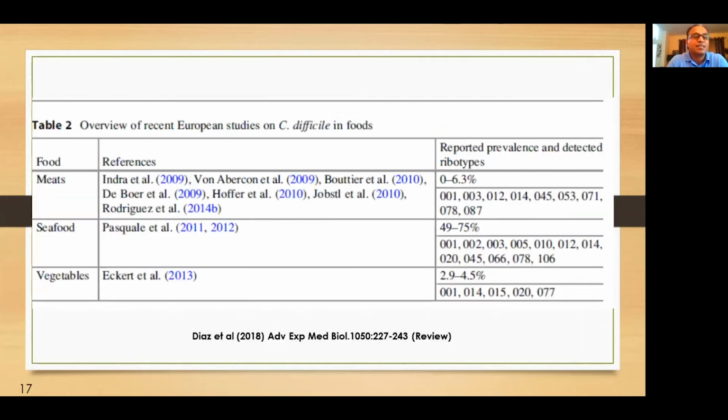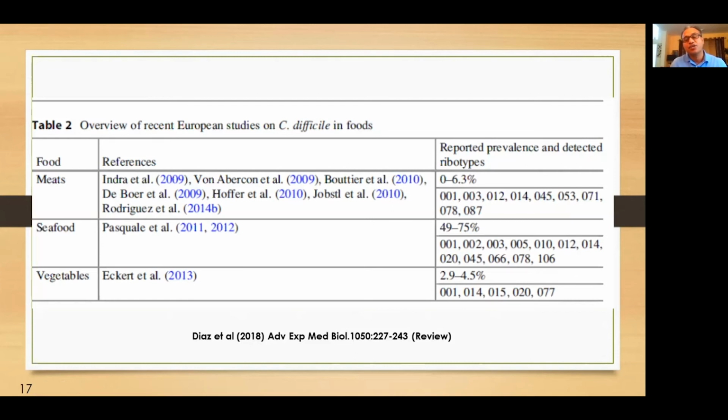Here is another table showing the European studies on C. difficile in foods, raw foods basically, means meats, seafood, vegetables, and in the right side column, you can see the prevalence and ribotypes. Here again, it's a wide range of contamination in this meat, seafood, and vegetable products.